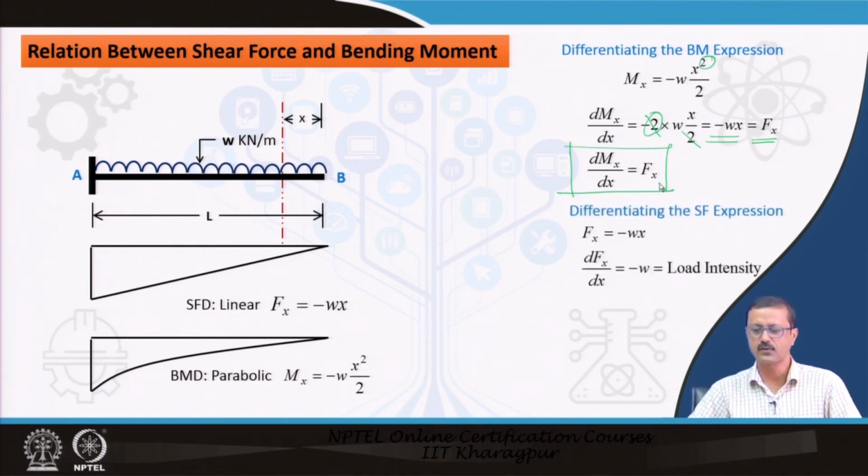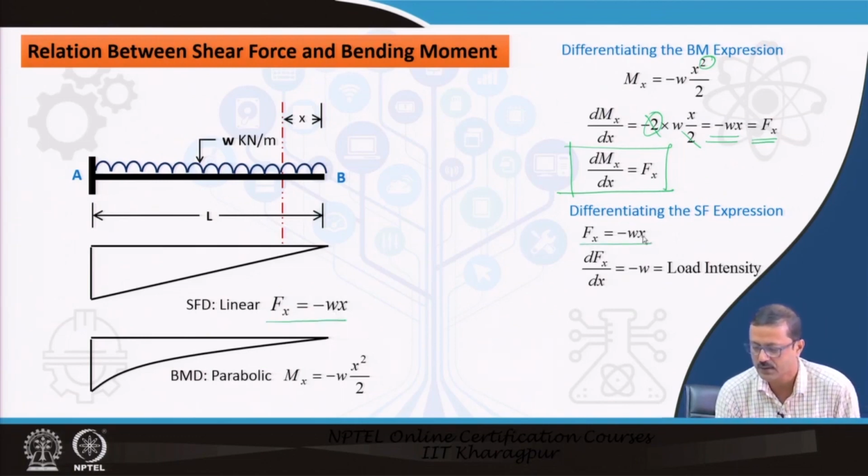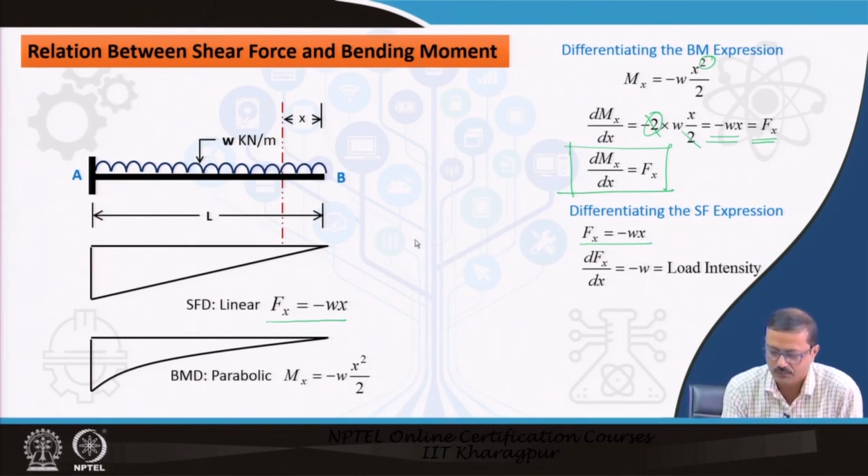Again, if I go further and differentiate the shear force expression, Fx equal to minus W into x, with respect to x, the x will go out. As you know, if there is some x to the power n, then the derivative is n times x to the power n minus 1.